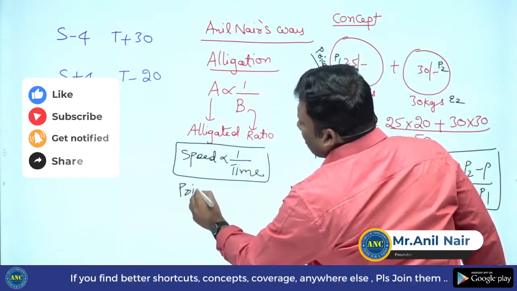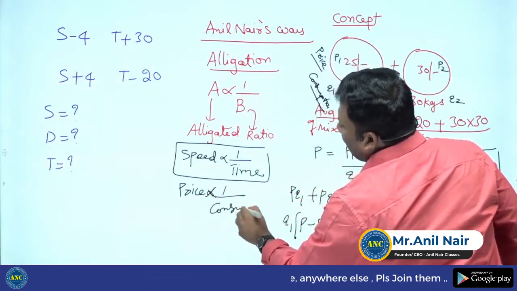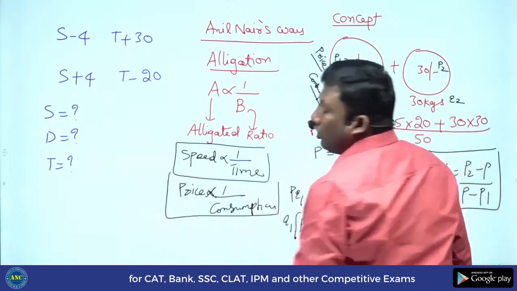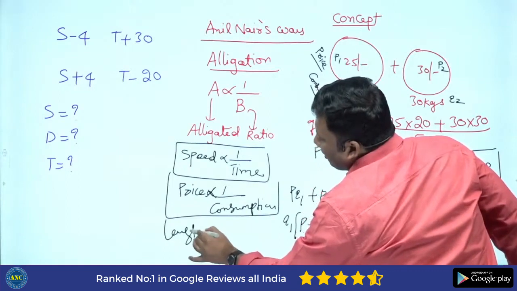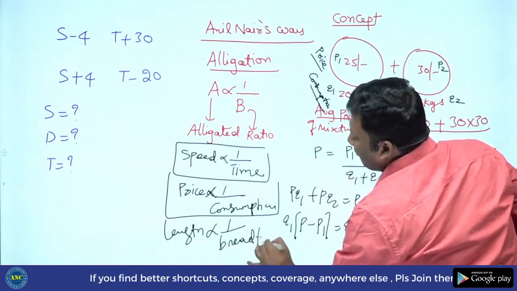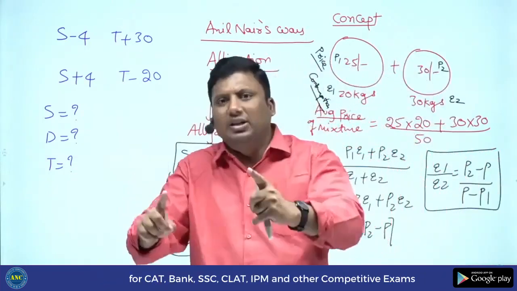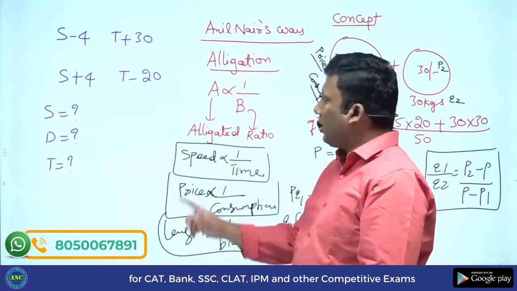Price is inversely proportional to consumption. If I allocate length, I will get the ratio of the breadth. This is another very important derivative of the product of two parameters being constant.